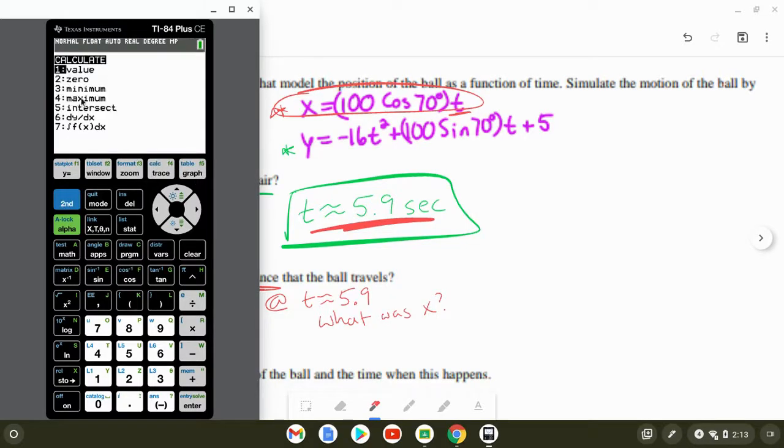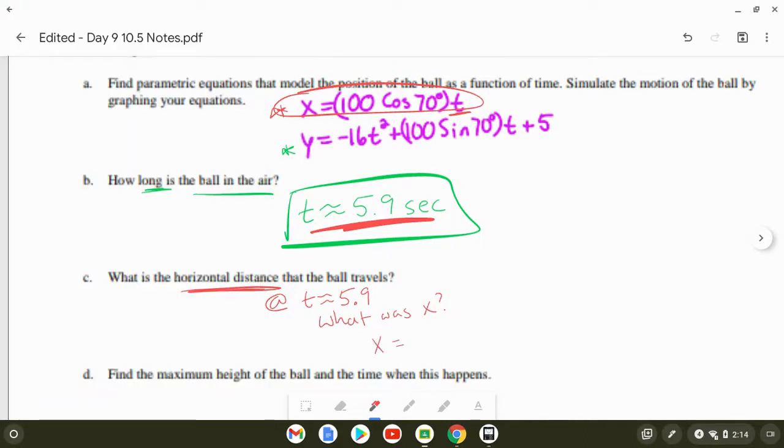Oh, sorry. Value 5.9. So when time was 5.9, we were 201.79 feet away. So we have x equals 201.79. And that's how far it was horizontally.